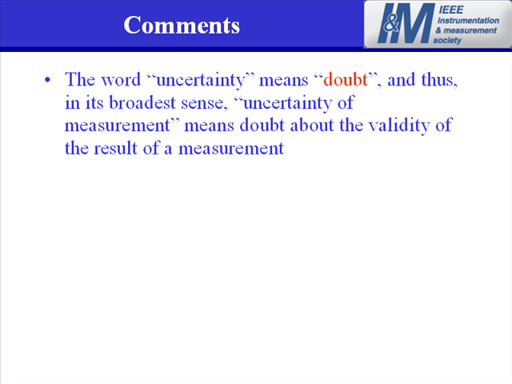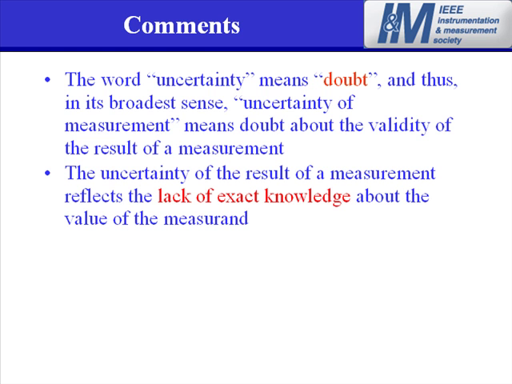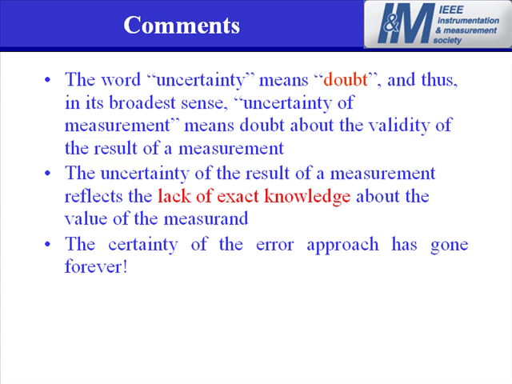On the other hand, if we succeed in quantifying uncertainty, most of our doubts will dispel and we refine our knowledge about the measurement. Therefore, I prefer to interpret uncertainty as a way to reflect the lack of exact knowledge about the measurement. You can understand that if we find a way to quantify it, then we improve our knowledge of the measurement. In any case, one conclusion can be drawn. The certainty of the old error approach has vanished.